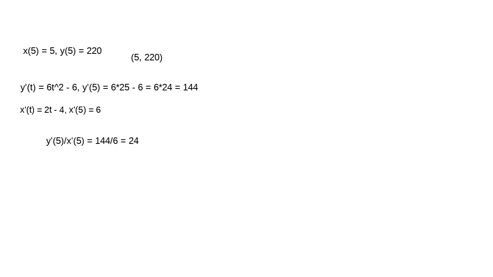Okay, now the point-slope formula: y minus 220 equals 24 times x minus 5. Simplify a little bit. So y equals 24x. 24 times 5, that's 120.